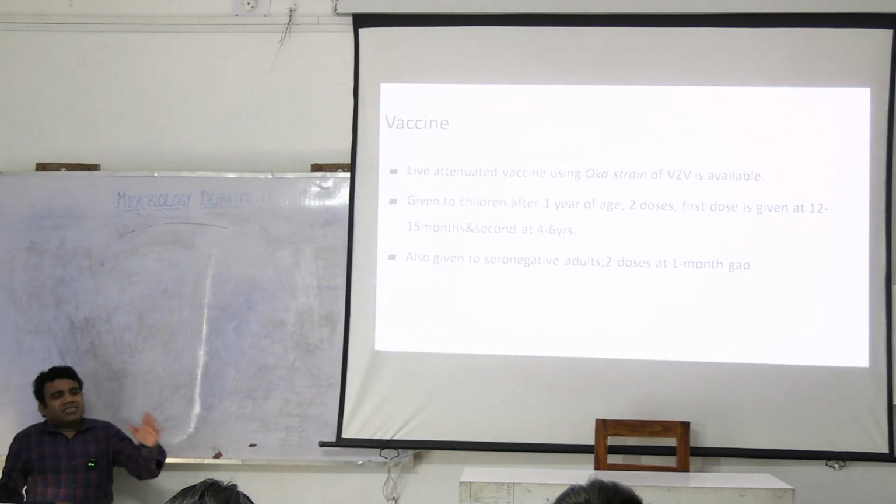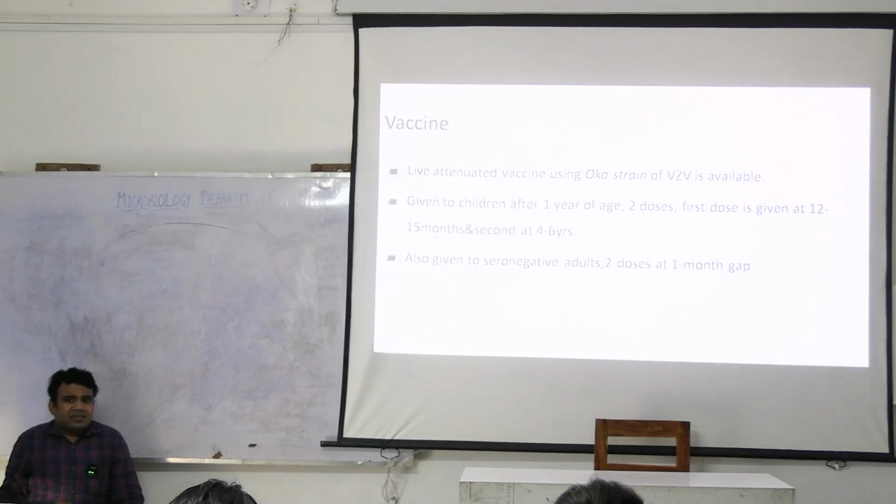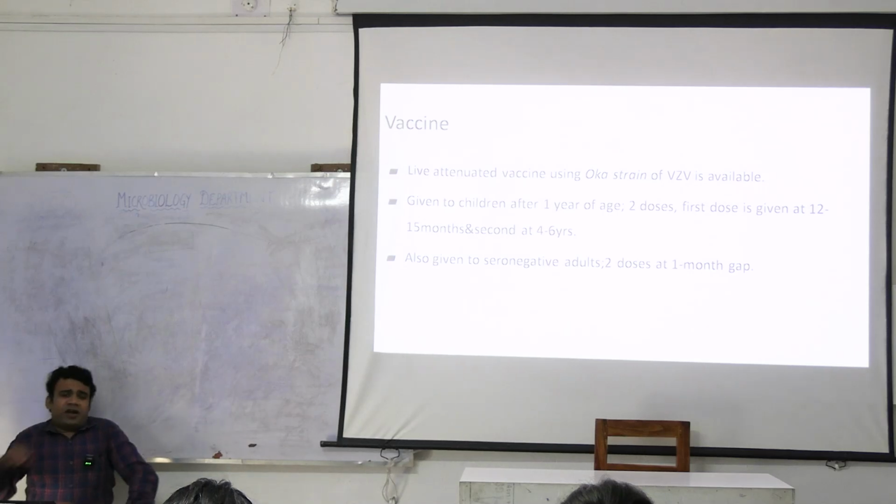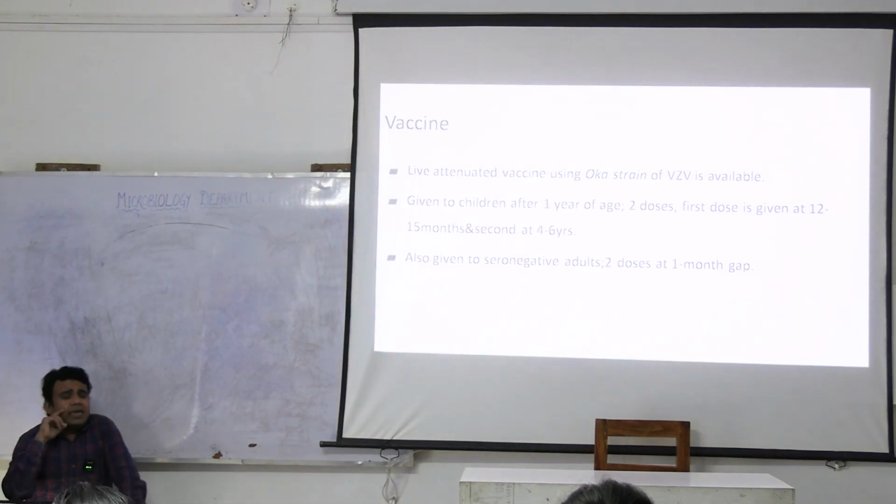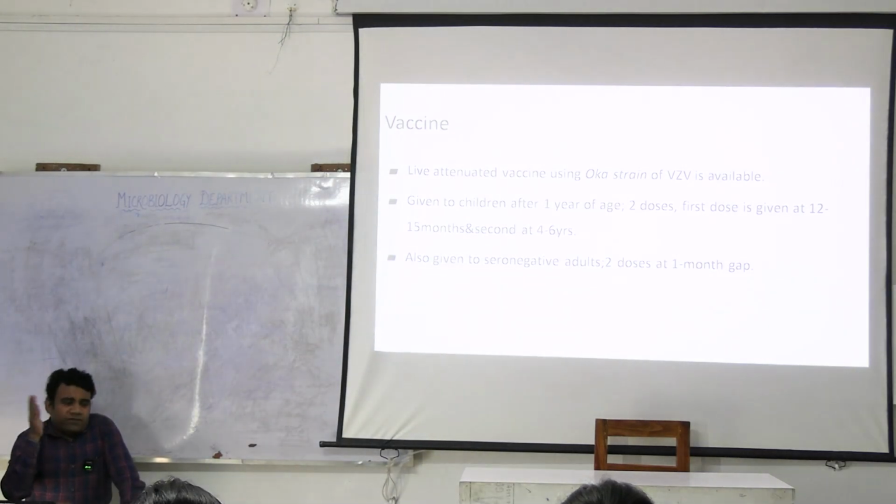But if a person gets infected, it is considered that the immunity that the person gains lasts almost a lifetime. But one very important advantage of this vaccine is that after the normal or natural infection, the antibodies are produced after 7 days.